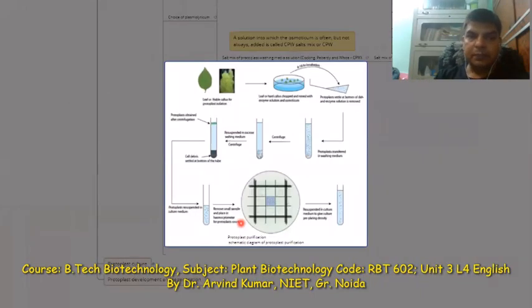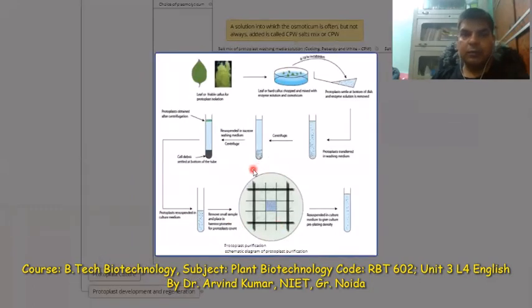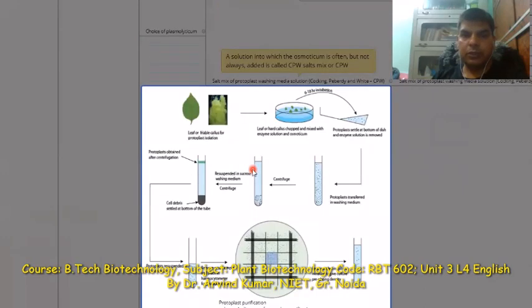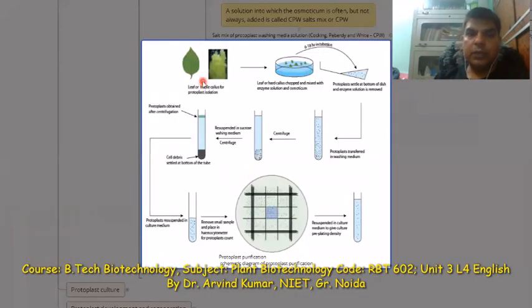We have this picture to explain the method we use in the isolation of protoplast. We take leaf as an explant material. Sometimes we can also take callus or in vitro cultures as an explant material to isolate the protoplast. Whatever material we take, we chop it into smaller pieces, as we have seen in the pre-treatment method, which enhances the yield of the protoplast.